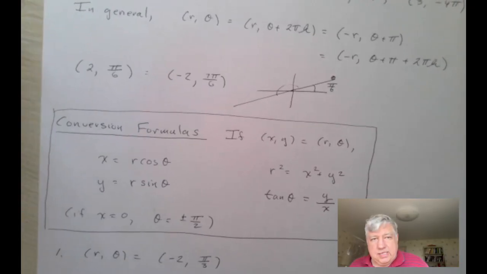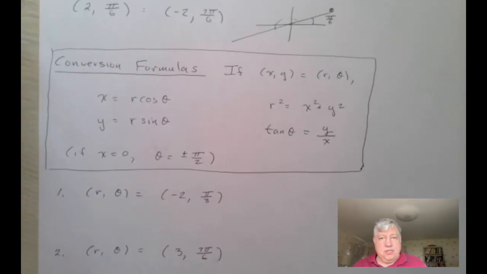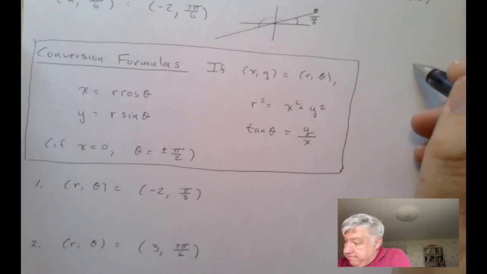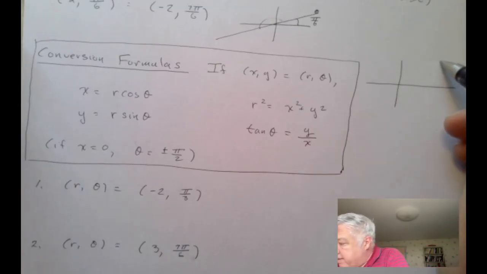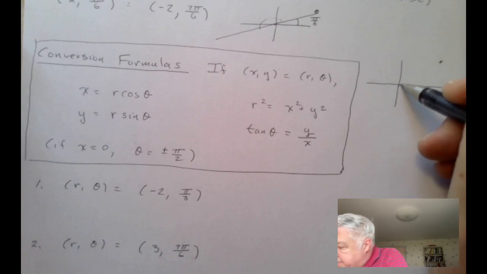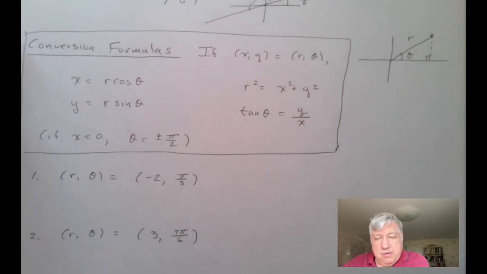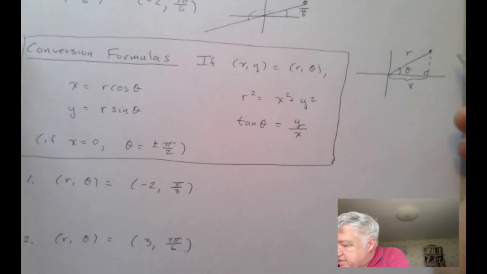Now, how do we get the conversion formulas? It's not too hard, because we're just using the Pythagorean theorem. If we have a point up here, where this is r and this is theta, we can easily get a right triangle where this distance is x and this distance is y.